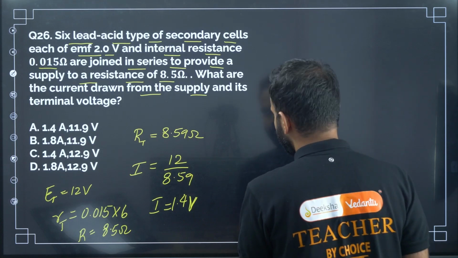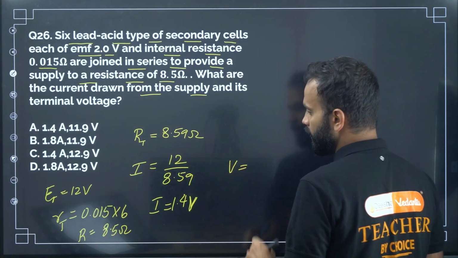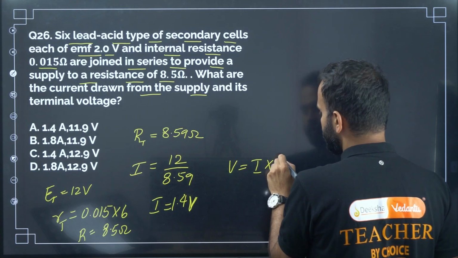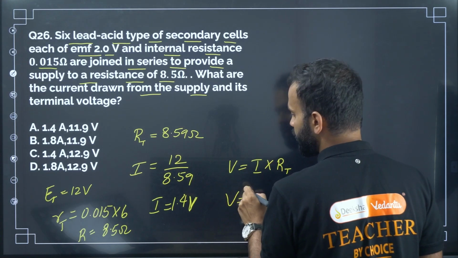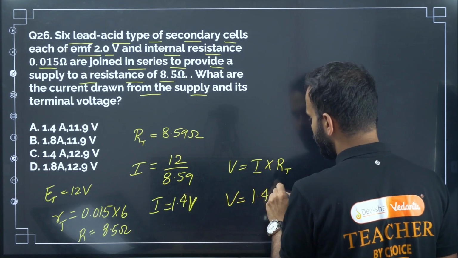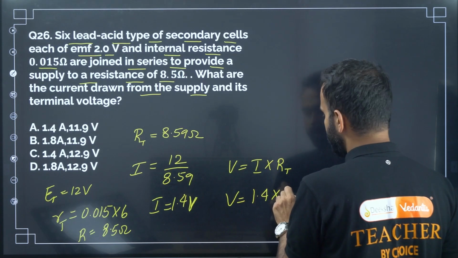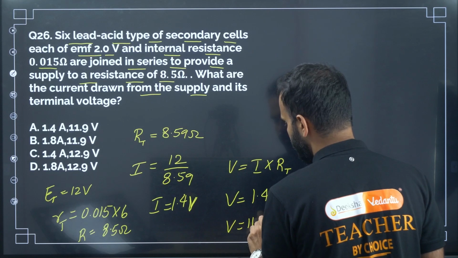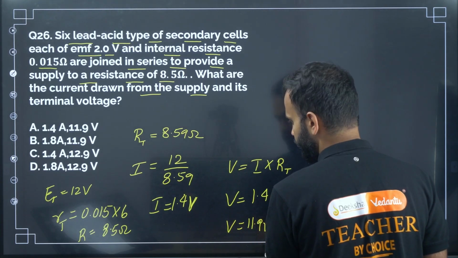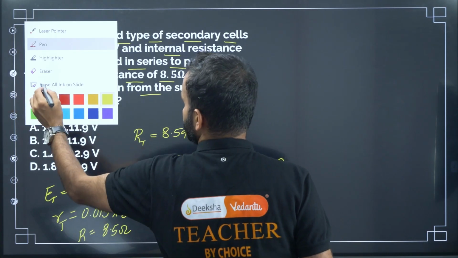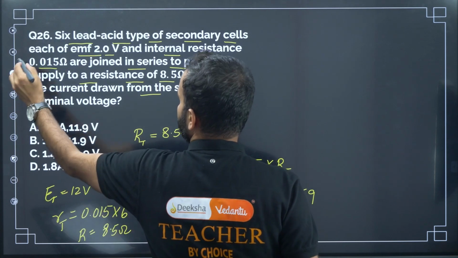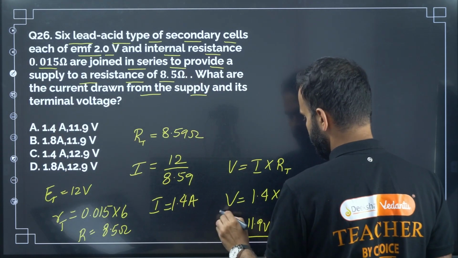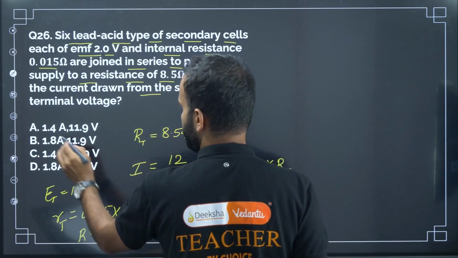The terminal voltage V is equal to current into the total resistance. So terminal voltage is current 1.4 into total resistance, that is 8.59. Solve this, you will get 11.9 volt. Sorry, the current is 1.4 ampere, not volt. So the correct option is A.